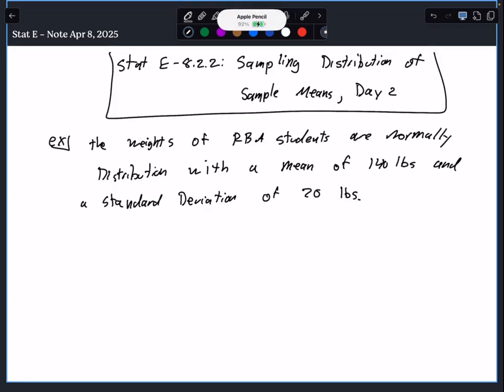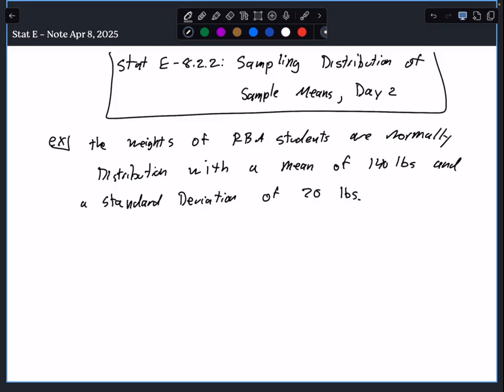Now, what I've given you the information on is what our population looks like. So if I took every single student's weight, and I data collected every single student, and I calculated everybody's weight in the entire school, and I graphed them on a histogram or on a dot plot, that graph would be normal.